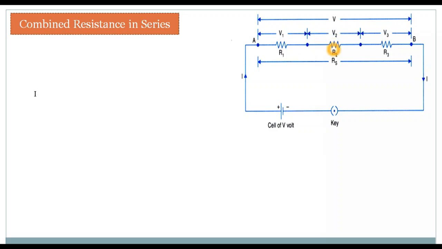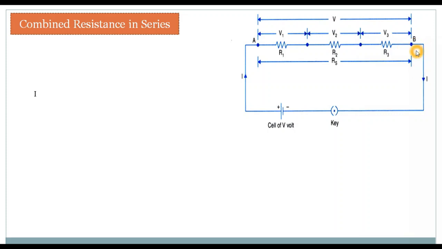Then resistor R2 will take another potential difference at its points, and R3 will take another potential difference. That means the potential difference applied by the cell will get divided between these three resistances. And after coming out from point B, you will again get the potential difference of V volts, because this V1, V2, V3 all will get combined and come out from this point B.